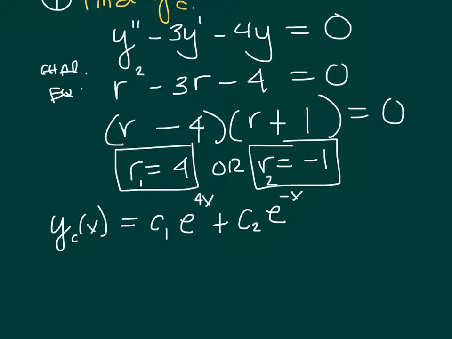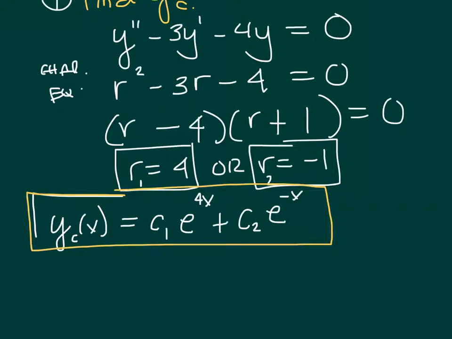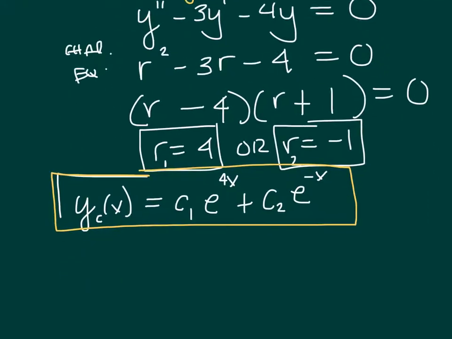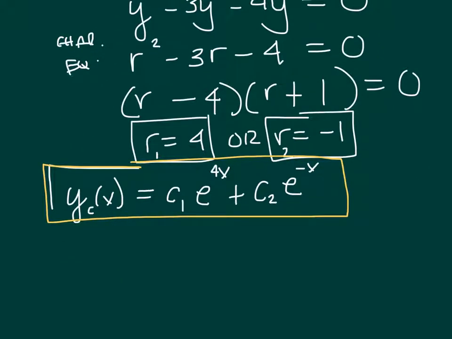I'm going to box this in yellow. All right, there's our y sub c. Check. Now let's move on to our y sub p, and then we just add it to our y sub c, and then we get our y.